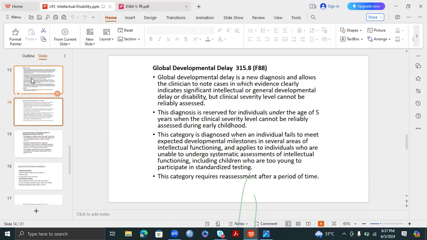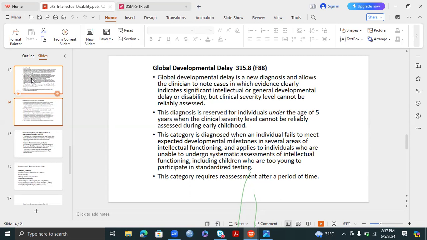For example, you have a patient under the age of 5 years, and we don't have a particular assessment tool to diagnose before the age of 5, and there is a clear developmental delay, but your clinical severity level cannot be reliably assessed.